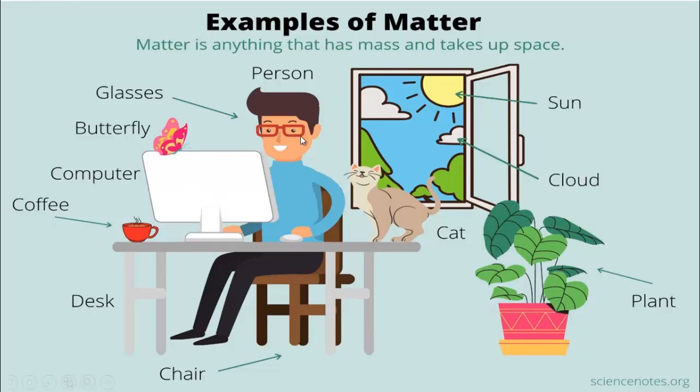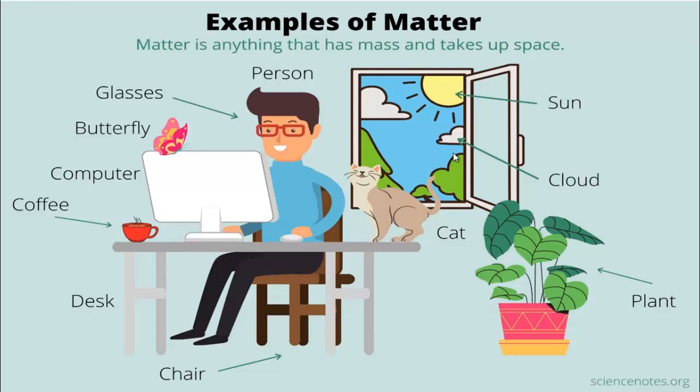Here one person is using a computer, so this person is a matter. He used a glass, so this is a matter. There is a butterfly, computer, coffee, desk, chair, also there is a plant, cat, there is a window, and outside of the window there is present sun, cloud, etc. All things are examples of matter.